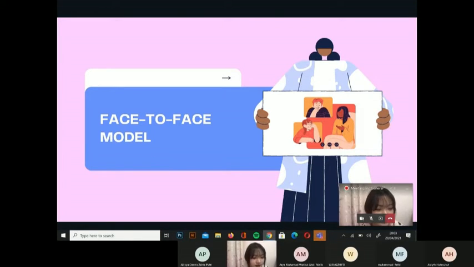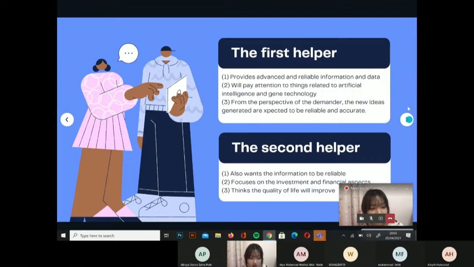Okay, let me talk about the face-to-face model. I found four helpers and asked them 3 questions. What would be important to them here, and what aspect of the topic would they focus on, and what ideas and approaches might they have?